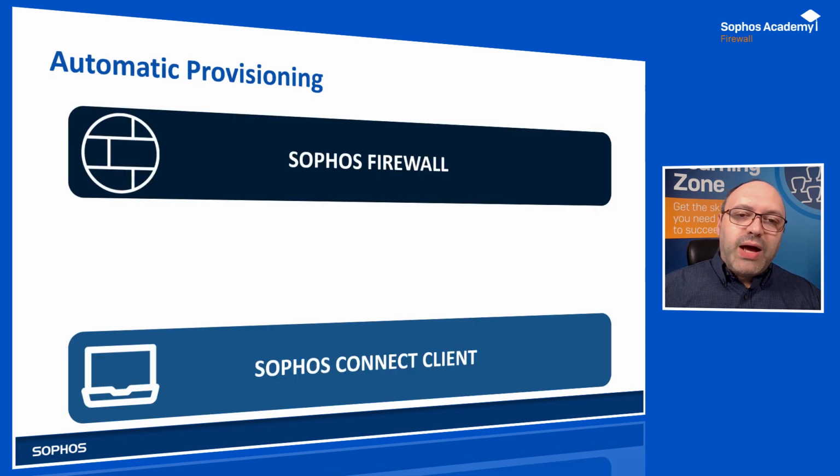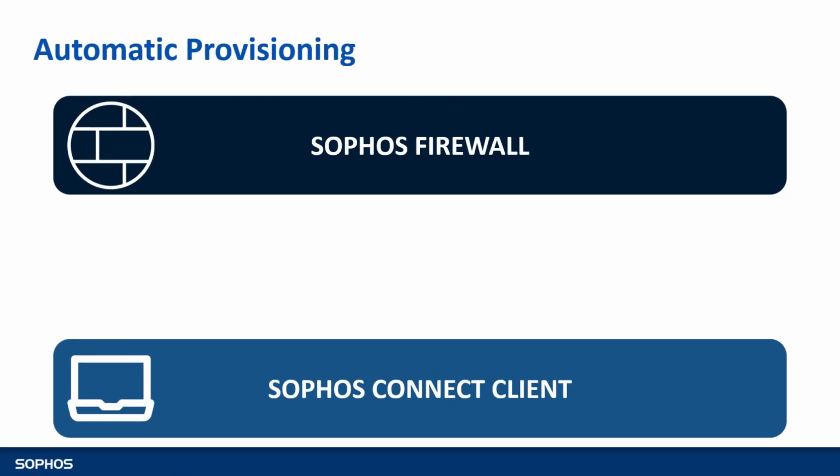Now, I mentioned an automatic provisioning file. So we can now perform automatic provisioning of VPN connections when using Sophos Connect for both IPsec and SSL. To do this, we start by creating a provisioning file, which contains the details of the Sophos Firewall.